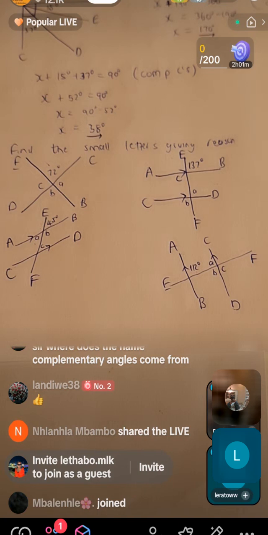As a result, many of them can't do the geometry properly in grade 12 because of missing out on the basic fundamentals. I know some of you are like, sir, can we just get to grade 10? Grade 10 is simple when the 8 and the 9 is basic to you. I want to iron out this thing until I am content that you are fine.